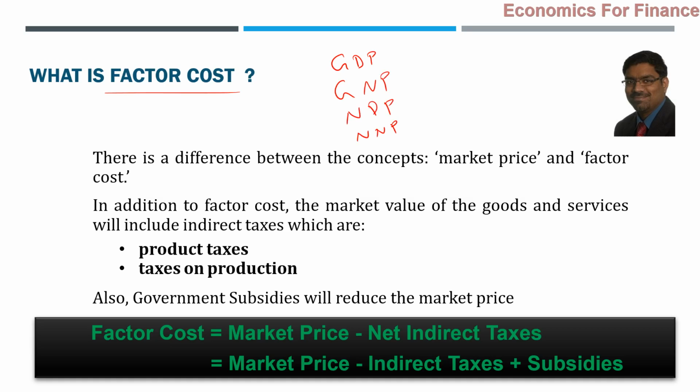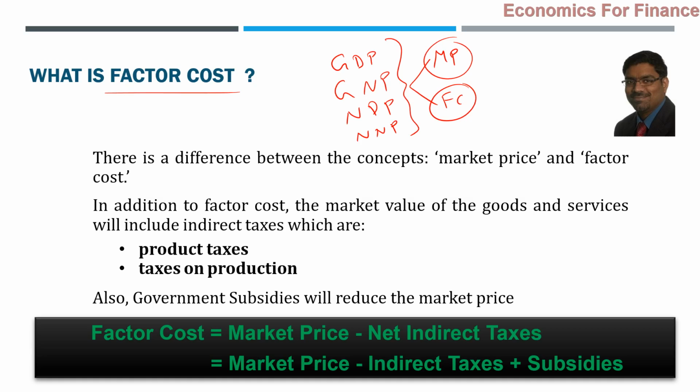All of them can be expressed at market prices, which we already know. Now all of them can be expressed at factor cost also. That is another expression. Now the point comes, what is the difference between market prices and factor cost?